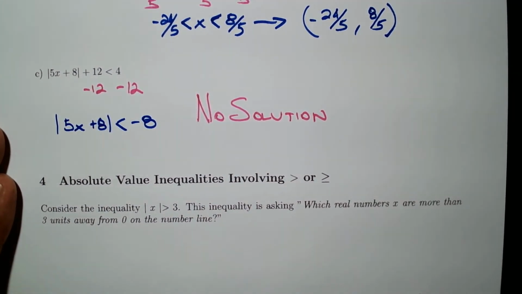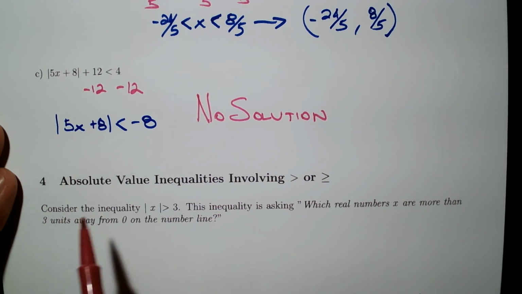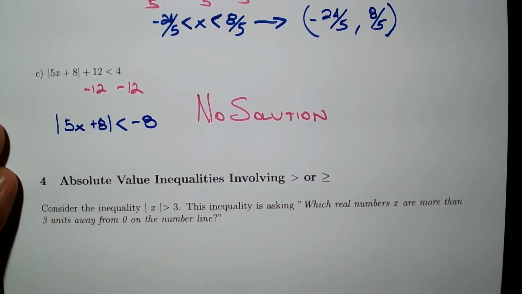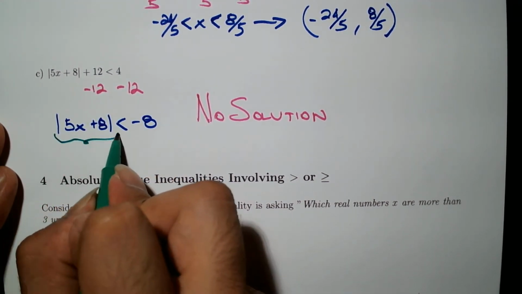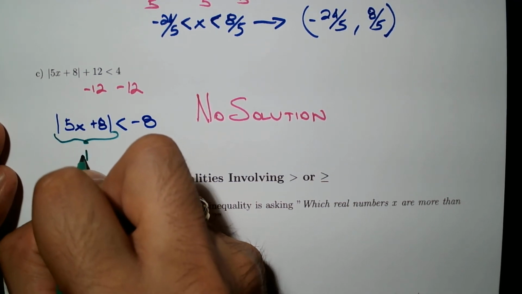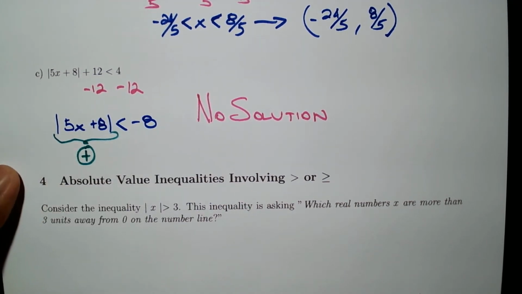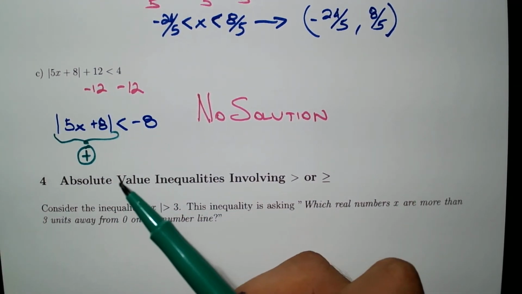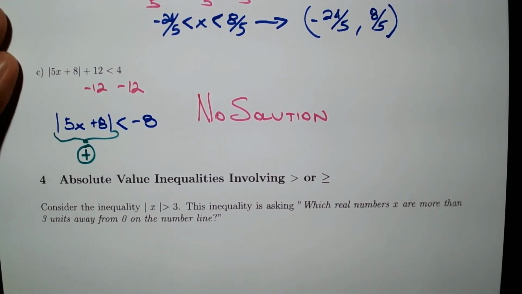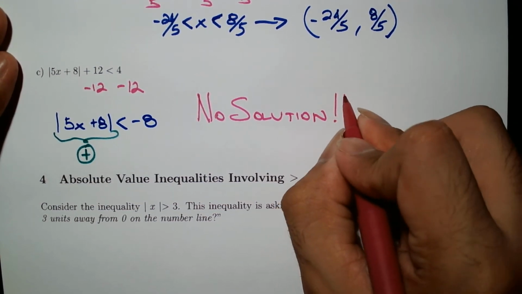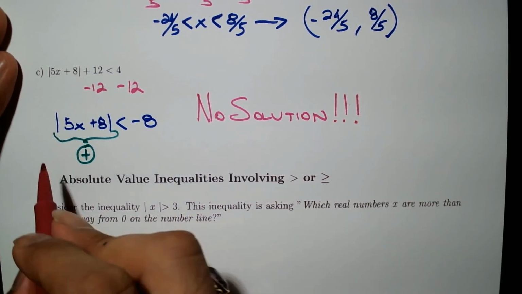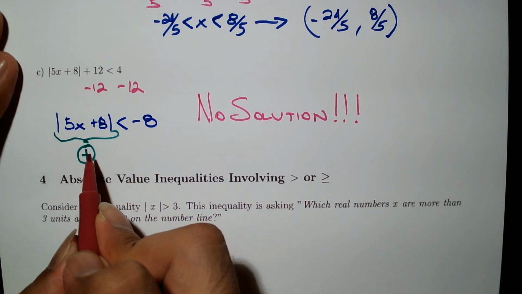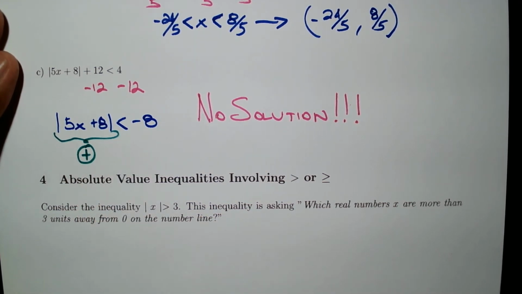And the reason for which this is no solution is because, again, absolute values represent distances, so this is meant to be positive. Can we have something positive less than anything negative? That's impossible. Okay, so no solution. That's why. Again, because no positive quantity could be less than a negative number.